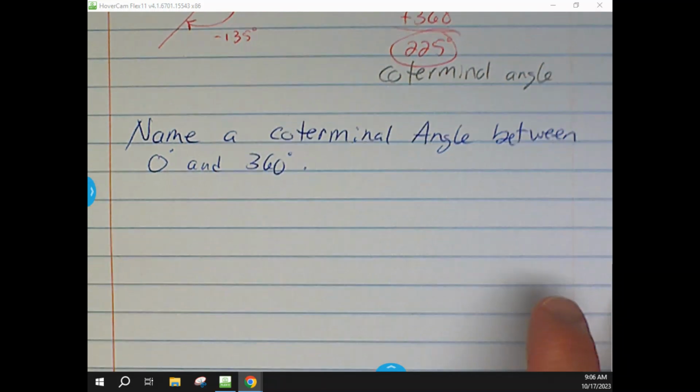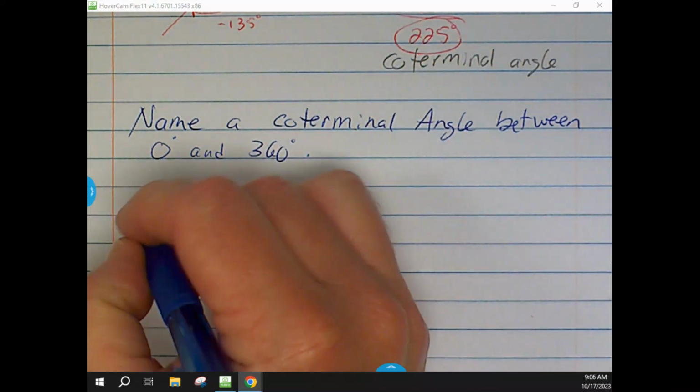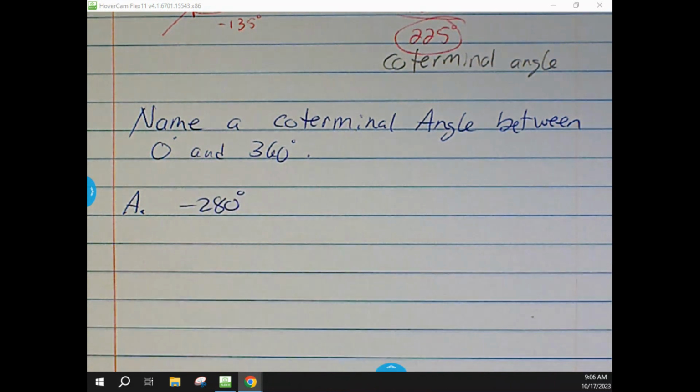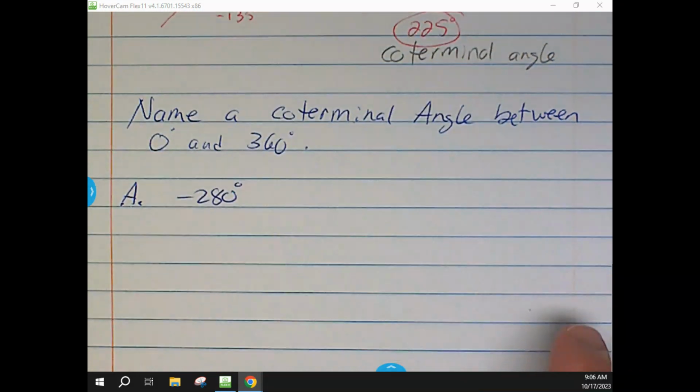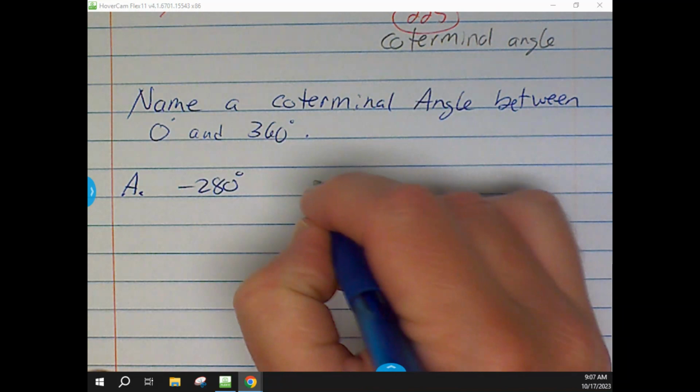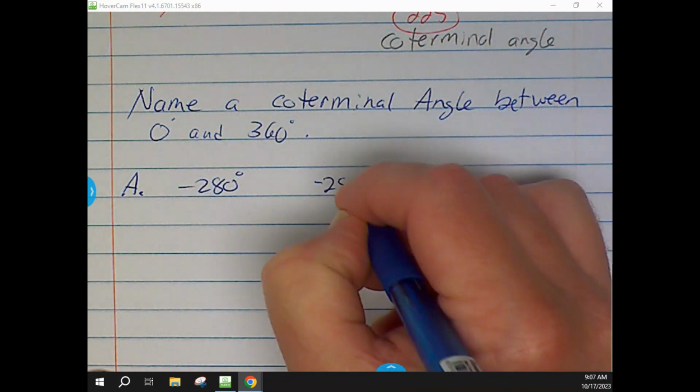All right, so in this case, let's just do a couple of these. We're going to name a coterminal angle that's between 0 and 360, and for this one, we're going to do negative 280. All right, so again, if it's negative, really easy to make a coterminal angle.